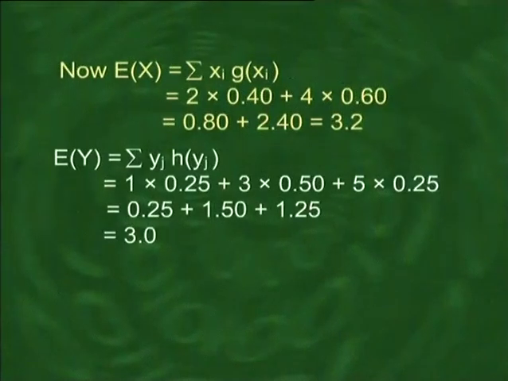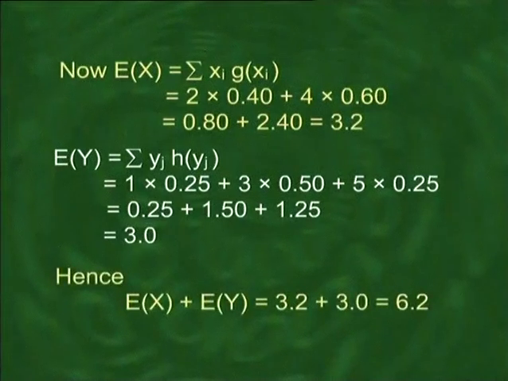In a similar manner, we will find the expected value of y given by sigma y into h of y, यानी y values को h of y की corresponding values से multiply कीजिए और इन products का sum ले लीजिए, and doing so we obtain expected value of y equal to 3.0.